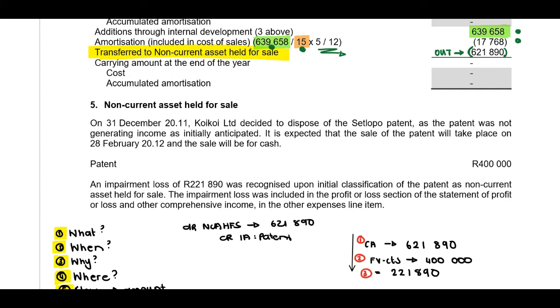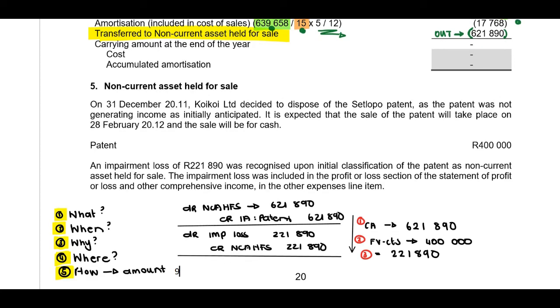Sorry, the patent, 621,890, right? And then you would have debited our impairment loss, which is in our profit and loss, and credited our non-current asset held for sale with 221,890.